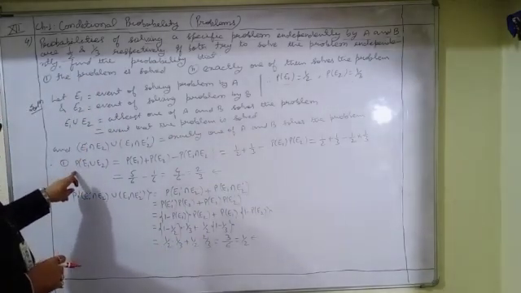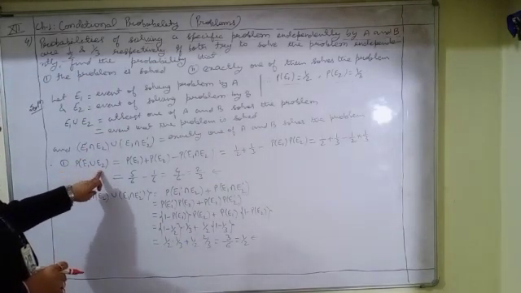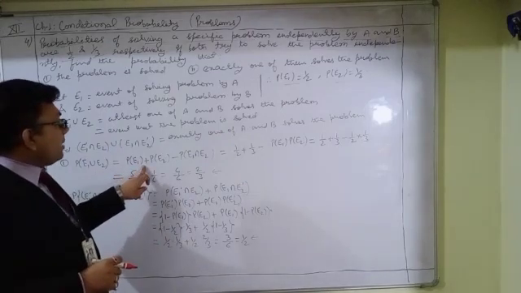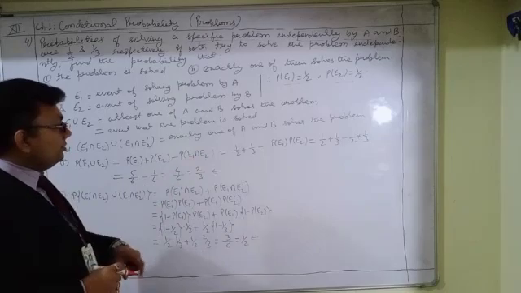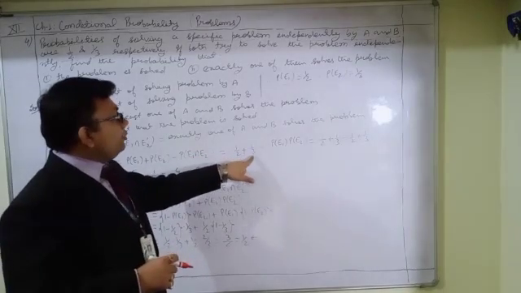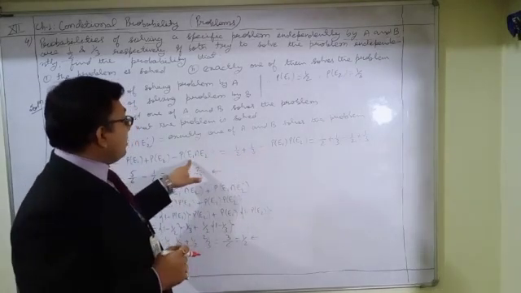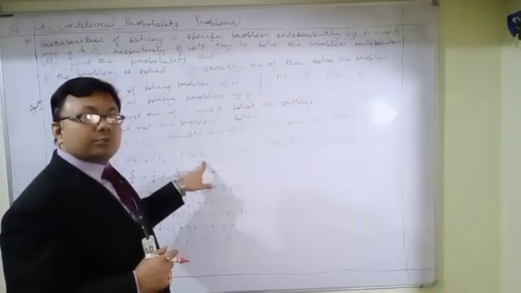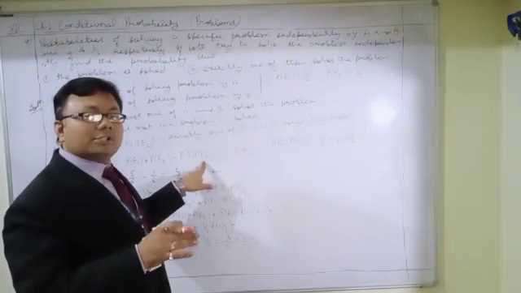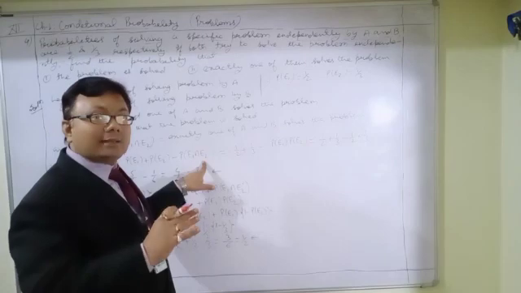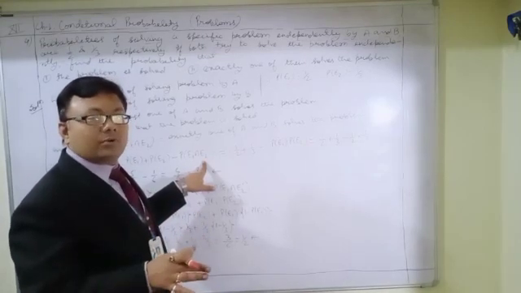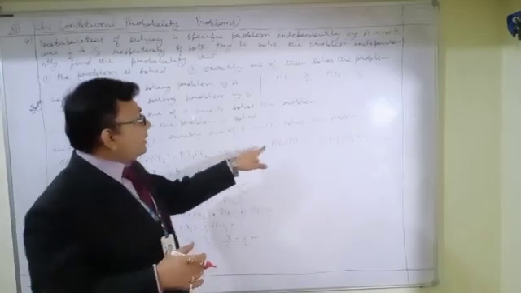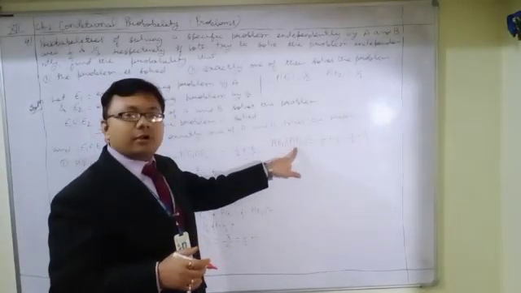For the first part, probability of E1 union E2 is equal to probability of E1 plus probability of E2 minus probability of E1 intersection E2. This is 1 by 2 plus 1 by 3 minus probability of E1 intersection E2. The events of A and B solving the question are independent events, so we can write probability of E1 times probability of E2.